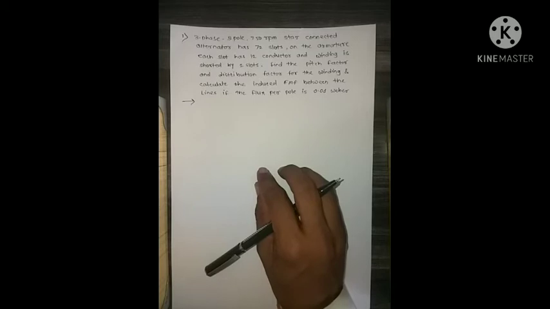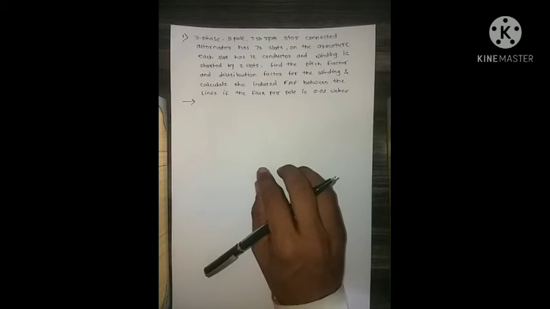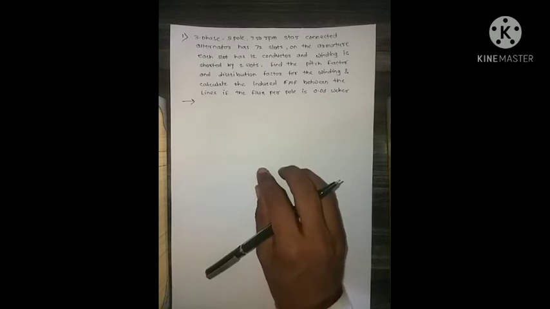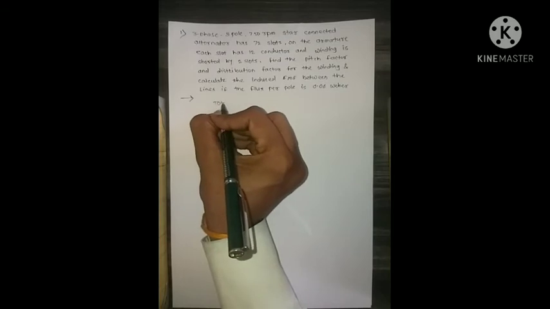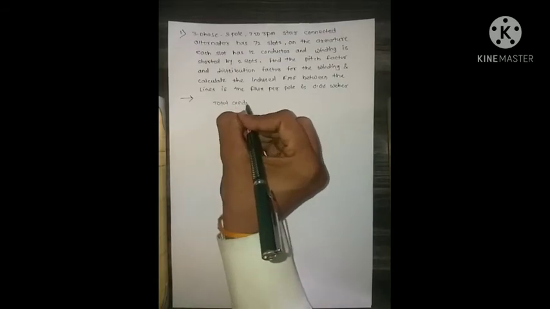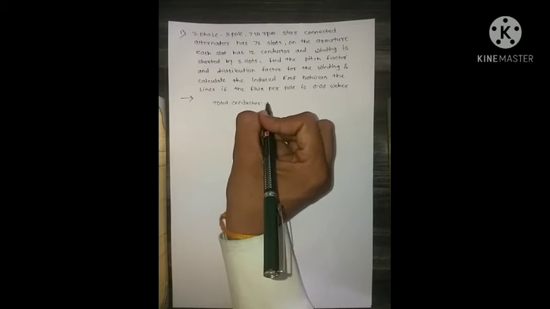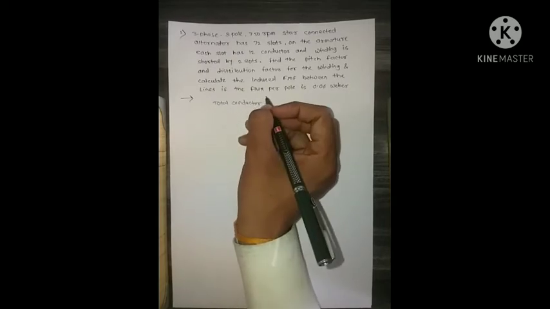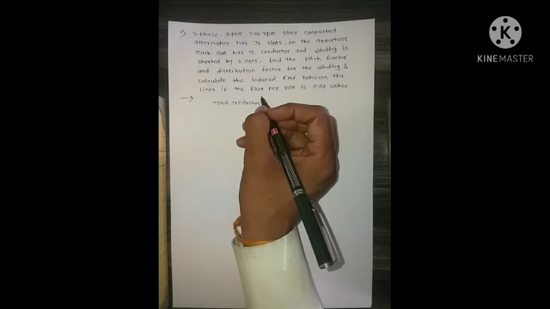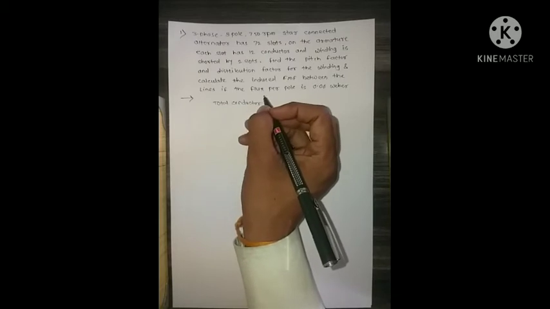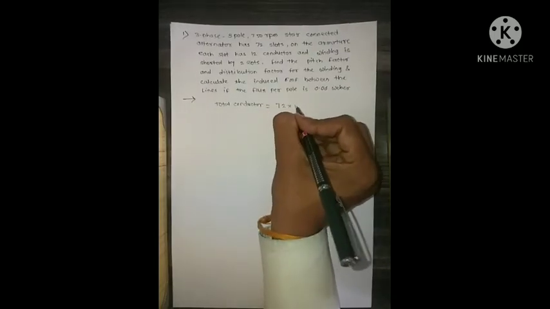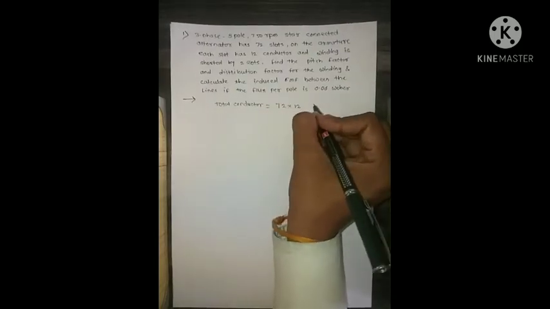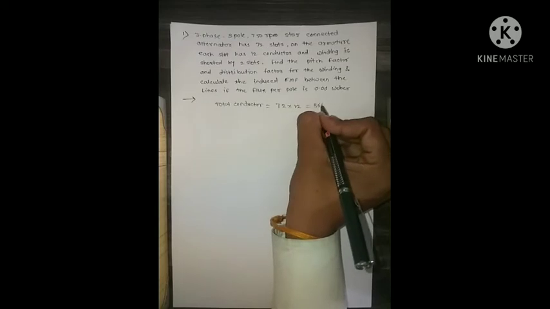So we have to solve this numerical, and first of all we have to calculate the total conductors. Total conductors equals 72 slots and each slot having 12 conductors, that means 72 into 12, therefore total conductors is 864.